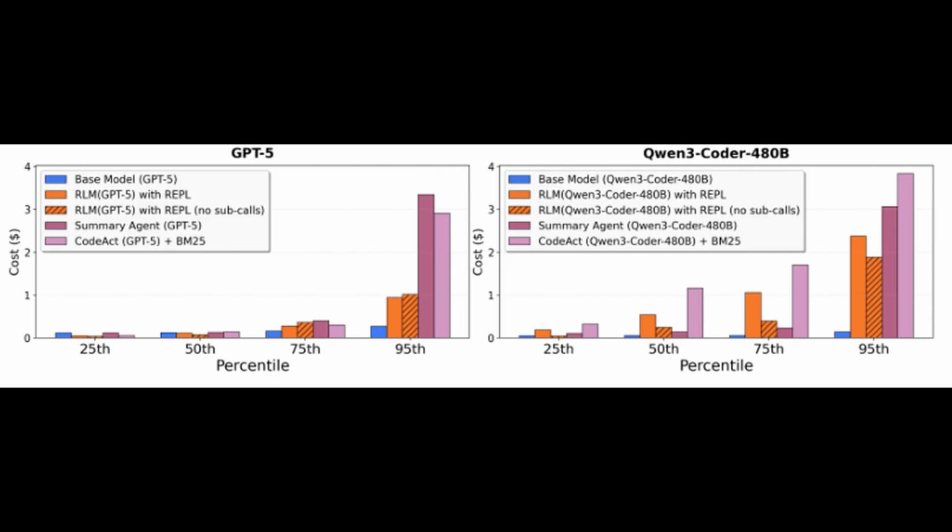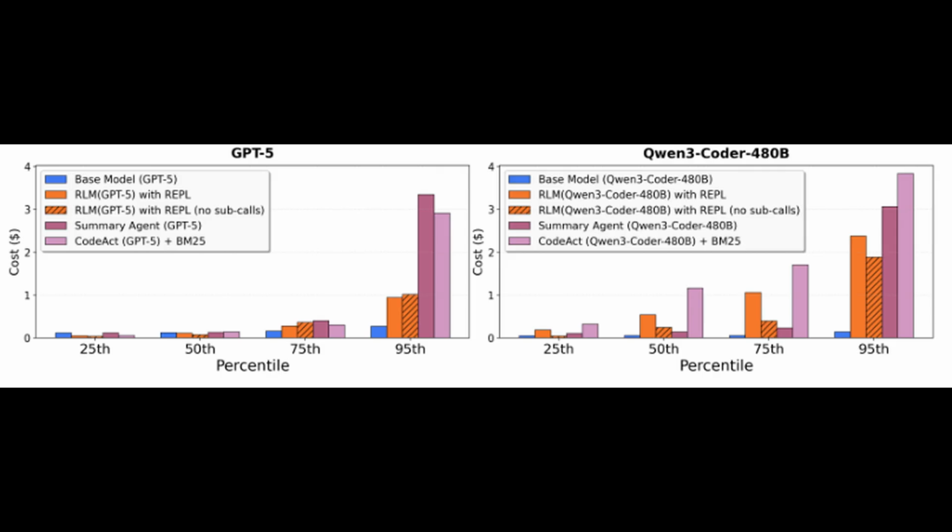What's remarkable is that at the median 50th percentile, RLMs have comparable or even lower costs than the base models. For GPT-5 specifically, the median RLM run is actually cheaper than the median base model run. But there's a catch. Look at those 95th percentile costs. Some RLM runs can get significantly more expensive than the base model approaches.